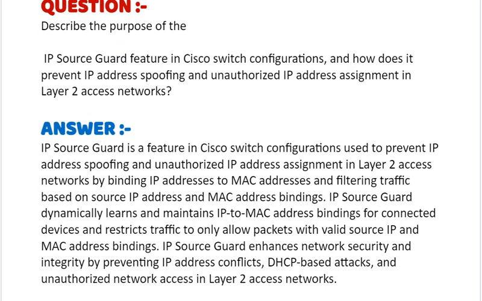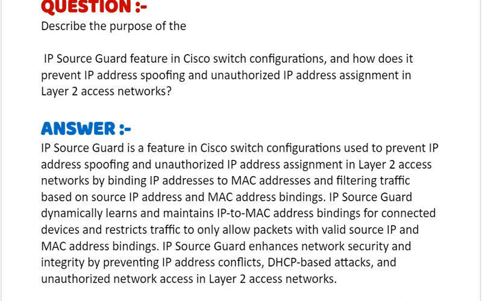Your answer should be: IP Source Guard is a feature in Cisco switch configurations used to prevent IP address spoofing and unauthorized IP address assignment in Layer 2 access networks by binding IP addresses to MAC addresses and filtering traffic based on source IP addresses and MAC address bindings.